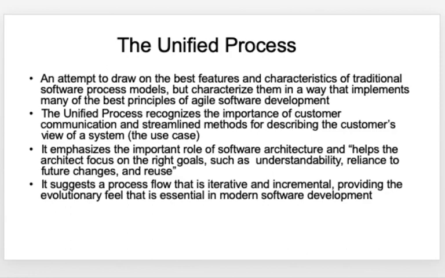So this model recognizes the importance of customer communication and streamlined methods for describing the customer's view of the system by making use of the use case diagram. This model looks at a process flow that is iterative and incremental, and it also provides an evolutionary feel to modern software development.